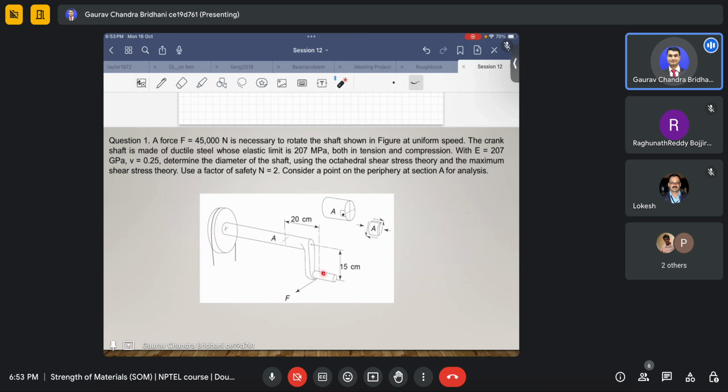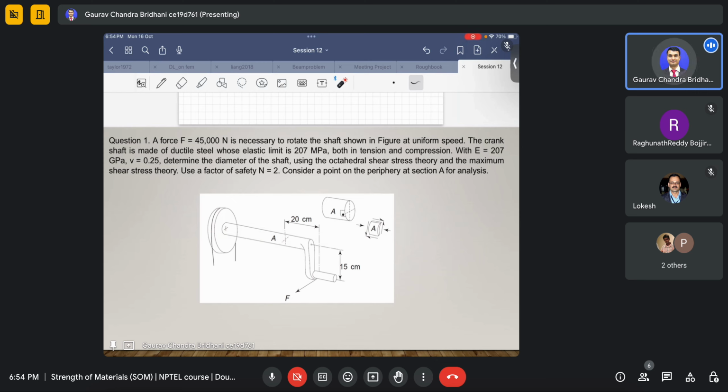Now you are pulling this handle in this manner, so point A will also be subjected to bending, something like this.